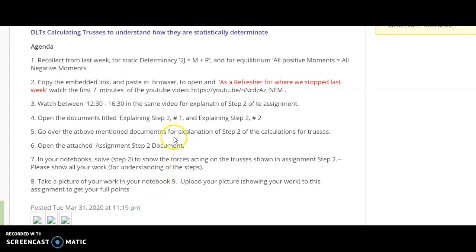All right, so I uploaded some documents. The first one, explaining step 2, number 1. The number 1 document, which is this one here.